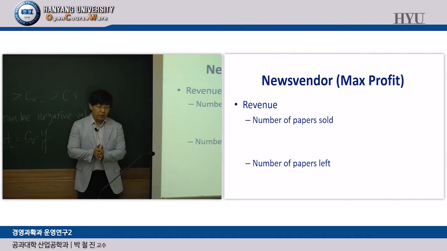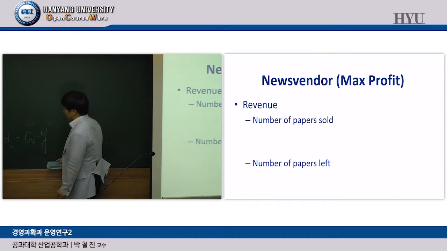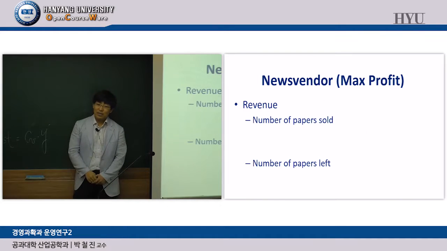How about the revenue? Actually, revenue is not that simple because it depends on how many papers we sold, right? But actually, demand is random. Demand represents the number of newspapers customers want today, right? Like it can be 100, 1,000, or 0, something like that.